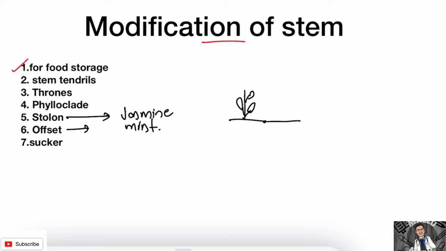One of the aerial branches here bends and touches the soil, and at the point where it touches the soil, a root develops and another plant develops. This phenomenon is known as stolon, and this modification of stem is seen in jasmine and mint. So I hope you have understood this.